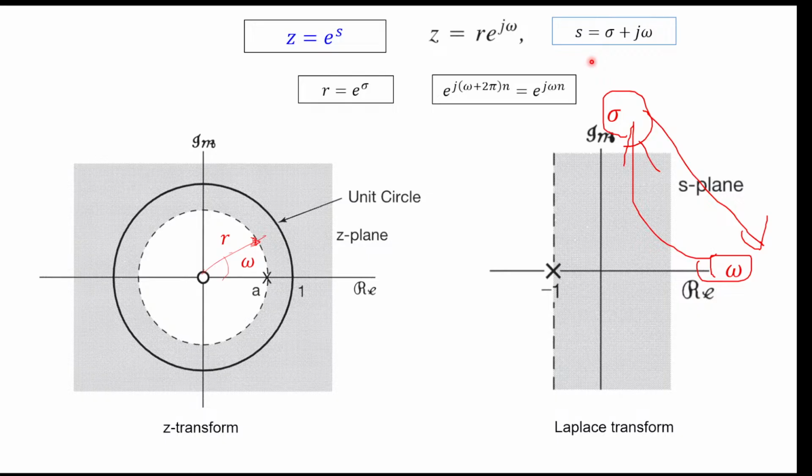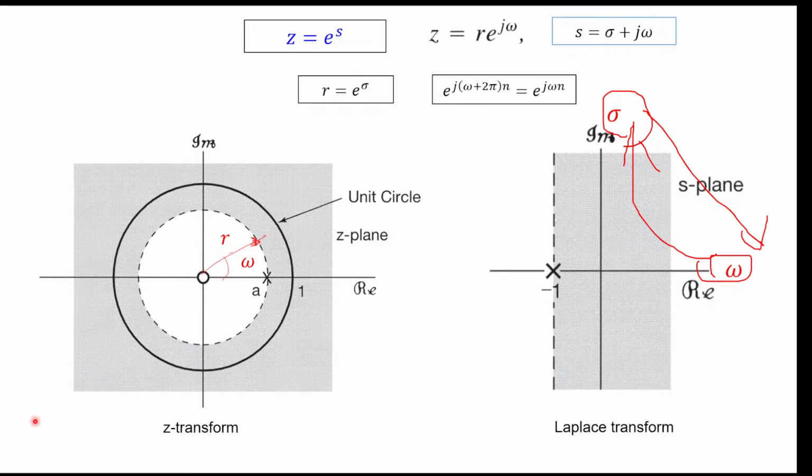So if we try to translate from the s plane to the z plane, then we are basically wrapping things around. So this imaginary axis omega will become this angle omega, and this real axis sigma will be the radius here. And so this j omega axis corresponds to sigma equal to 0, which equals r equal to 1.